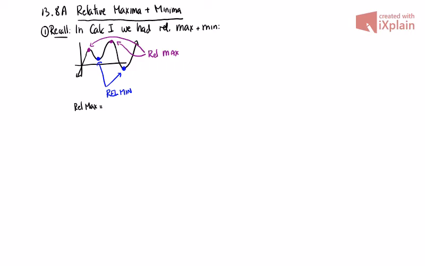We could say not necessarily higher than nearby points, but greater than or equal to. So here f is greater than or equal to nearby points. And a relative min would be f is less than or equal to nearby points.